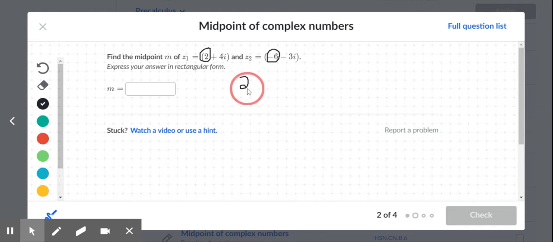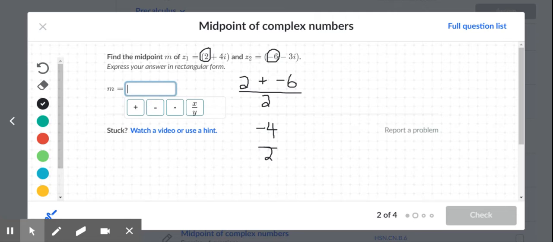If I want to find the midpoint of 2 and -6, I add them up and divide by 2. This is the same thing as finding the average of two numbers, right? Add them up and divide by how many there are. There are two numbers. So that gives -4 divided by 2. So the first part of our answer is -2, right? -4 divided by 2 is -2.